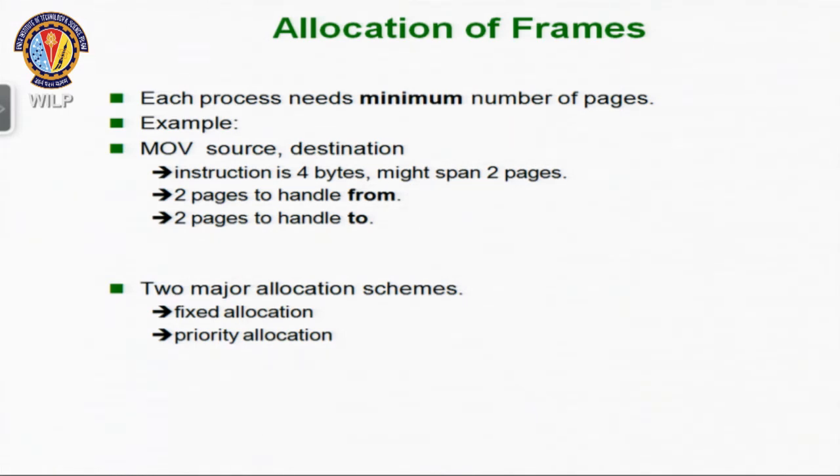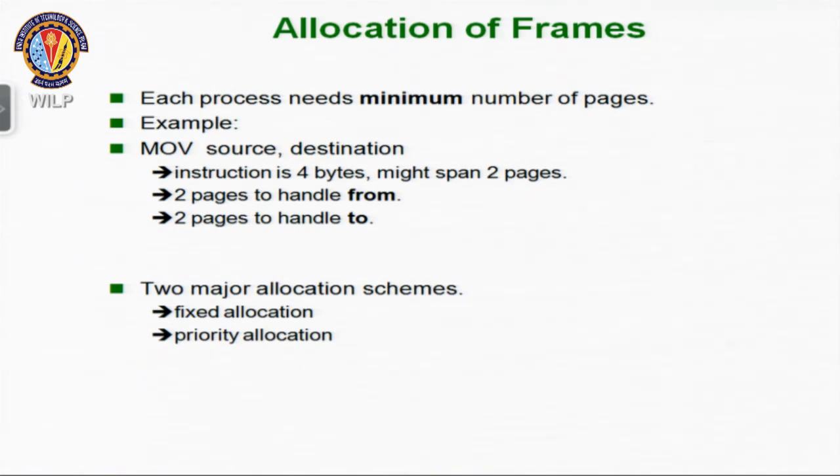So the instruction is a move source comma destination, and let us say that the total size of an instruction is 4 byte. If the instruction size is 4 byte and the memory is byte organized, then it is possible that our instruction will get aligned to a page boundary.